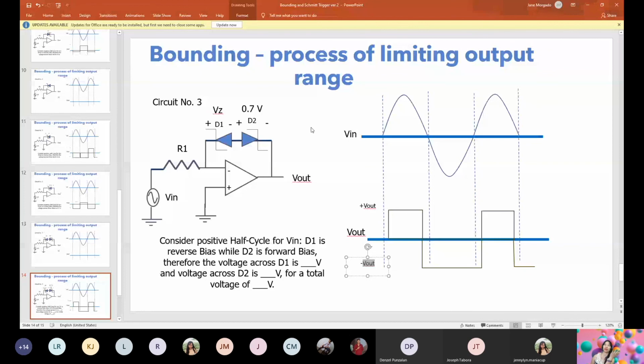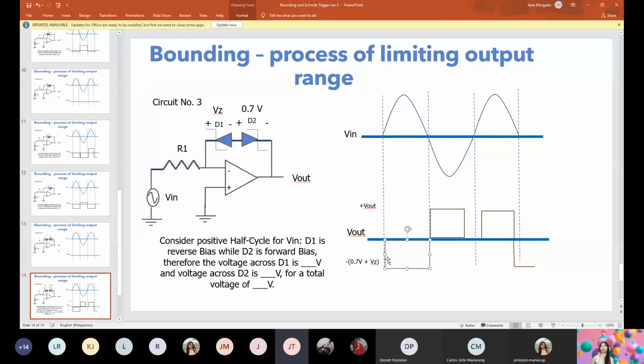Iba-ibang value yan, pwedeng 3.6, pwedeng 10. It depends kung anong kailangan mong rating. So it's a combination of the VZ and 0.7 voltage, pero negative value, kasi parehas yung negative, so it will just simply add up.